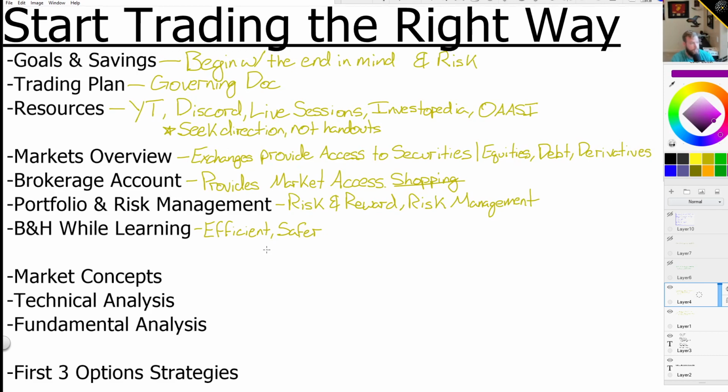Speaking of finding that balance, let's talk about how we should first get started. In my opinion, what I would do if I was starting all over again is I would establish a buy and hold portfolio to be working in the background while I was paper trading to learn. So I have a video in the description below on the best buy and hold portfolio I think exists.